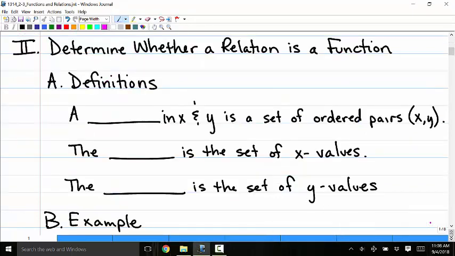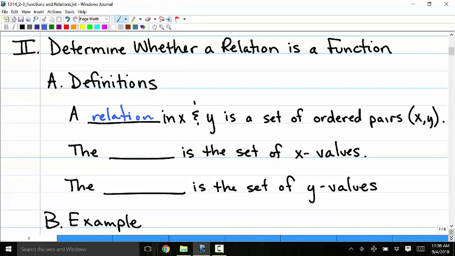Okay, determine whether a relation is a function. Some definitions. A relation in x and y is a set of ordered pairs, x comma y. We're going to talk about a relation first.